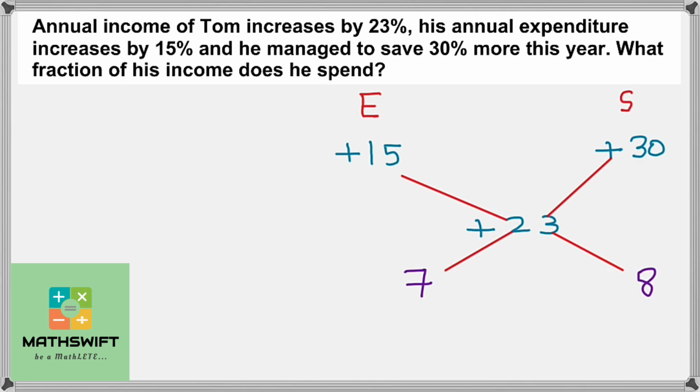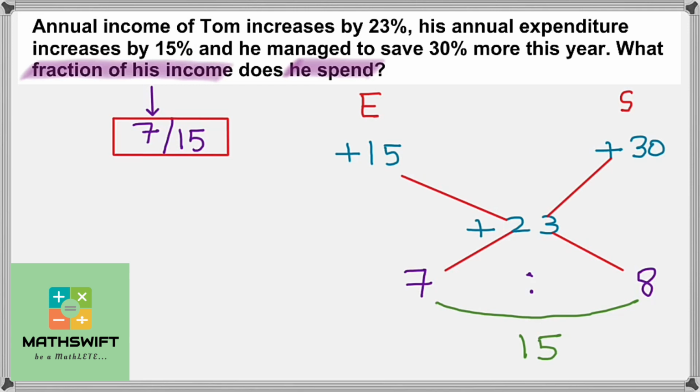Hence, as per the ratio, the income would be 7 plus 8, that is 15 units. The question asks his expenditure is what fraction of his income. That is, we need to find the value of x upon x plus y, and it comes out to be 7 upon 15.